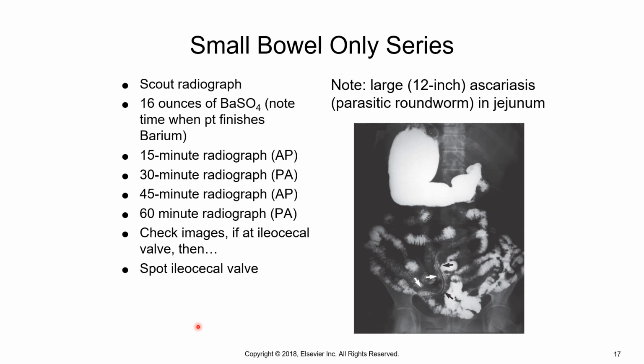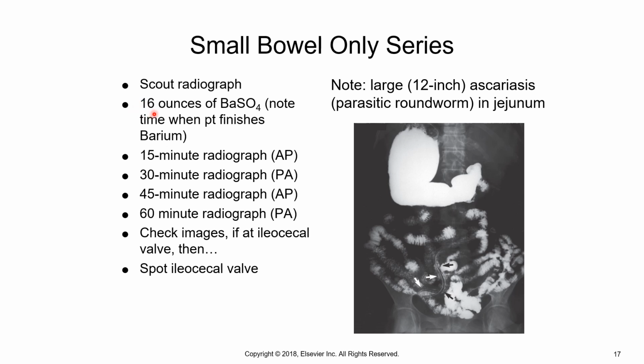Now, the small bowel only series. This is on page 510. And this literally is telling you what our protocol is for a small bowel only series. So we do a scout radiograph, which is an AP supine abdomen, just to see what everything looks like in there before we begin.